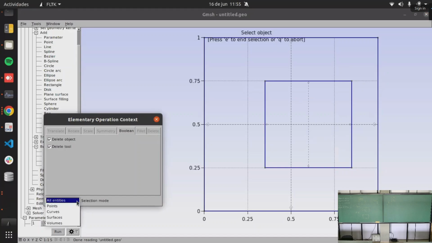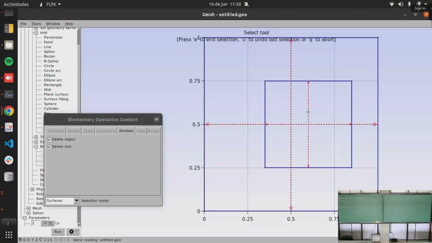I have to indicate what entity it will be. In this case, we use surface. And after that, I have to start by selecting the big one, the big 2D area, the big square. And after that, I have to press E, and I have to select the area that I want to extirpate.